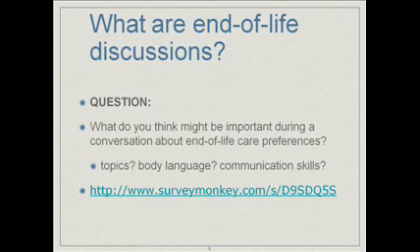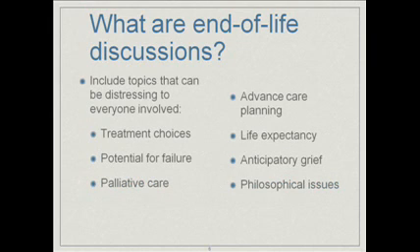So now I'll move on to talk about some topics that might occur in these discussions. And remember that these are just a few topics. You can add any responses that you think of in our little survey. End-of-life conversations can be very distressing for everyone involved because they include topics such as treatment choices and the potential for failure, palliative care, advanced care planning, such things like living wills, if you think that after a certain point you would want to be taken off life support, for instance, you can specify that in the document.